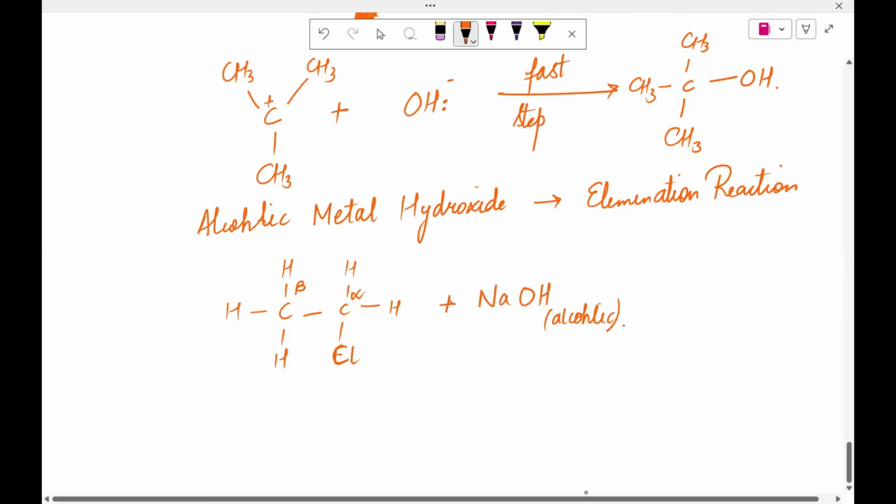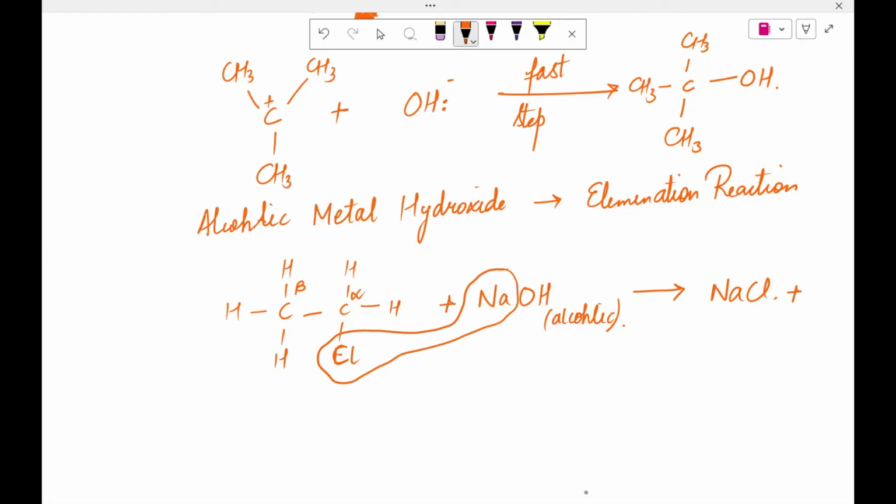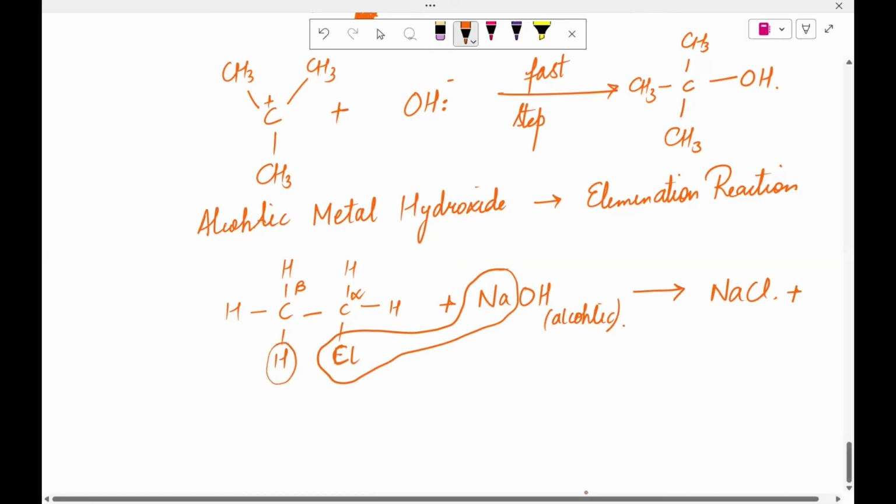And when it reacts with this NaOH, which is in alcoholic state, what is going to happen around here? This Na would come and react with this chlorine like this and would form NaCl, with the production of water as well, because this hydrogen would also be removed and react with this OH and form water.